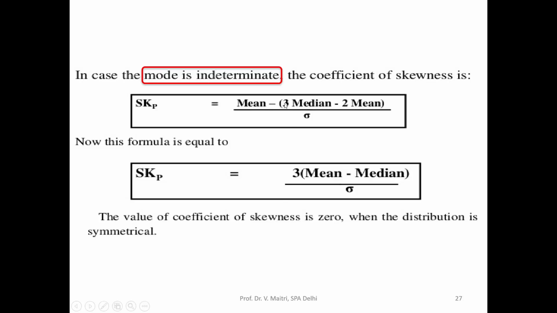That is, we can say it is 3 times mean minus median, very easily computed, divided by sigma. It is very simple. If the value of the coefficient of skewness is 0, then the distribution is symmetrical.